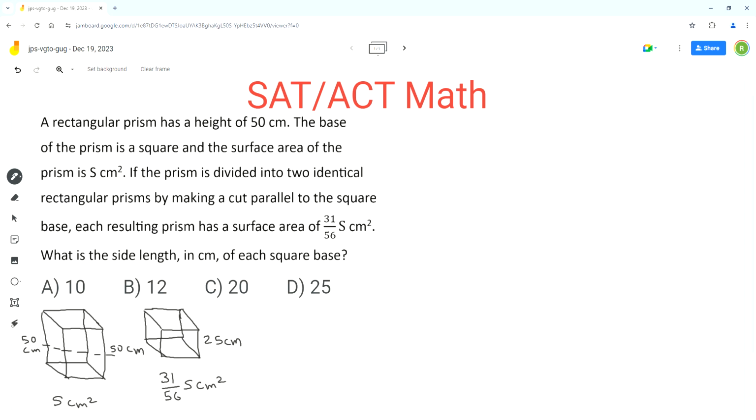The big prism and the small prism will have the same square base. Let's assume its side length is x. The tops of these two prisms are also squares with the side length x.